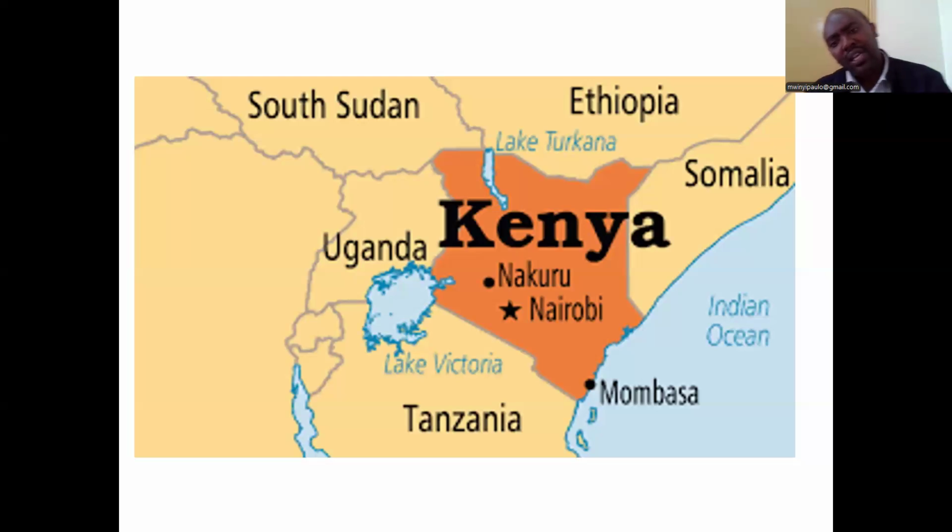Now, I want you to take the piece of paper or the notebook and your pen, then you note down the countries that share a border with our country, Kenya, as you can see on the map that I'm presenting on your screen. I'm also doing the same activity, so we are doing it together. Note down the countries that share a border with our country, Kenya.